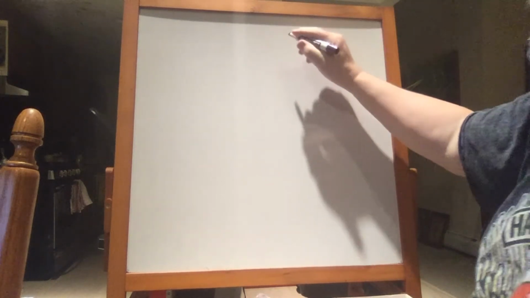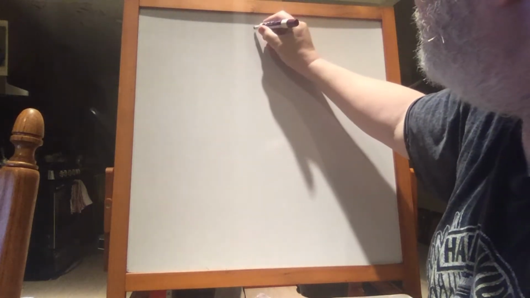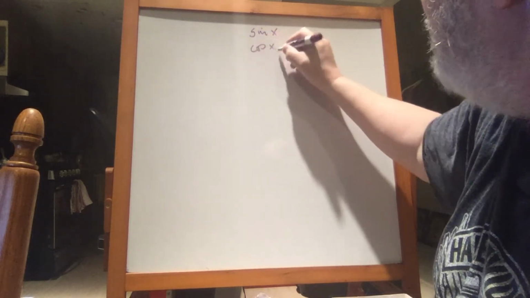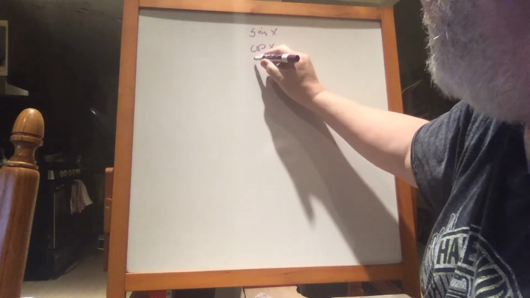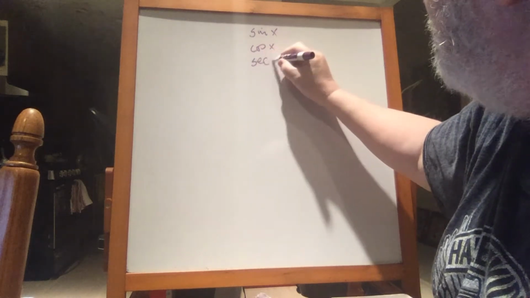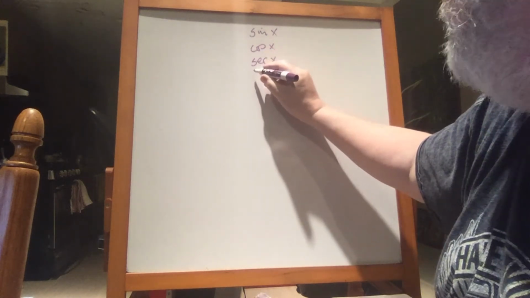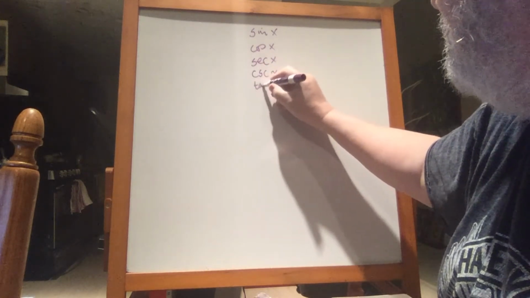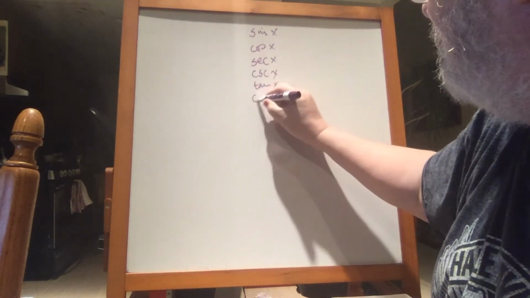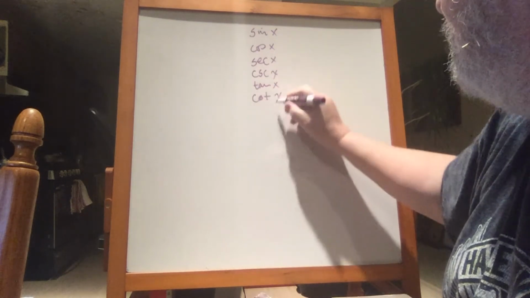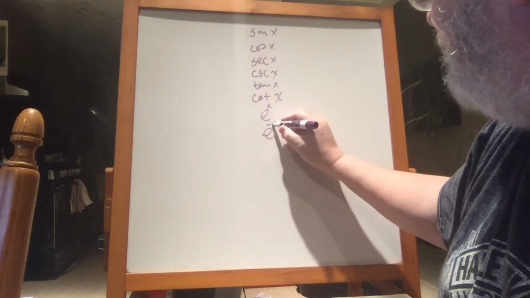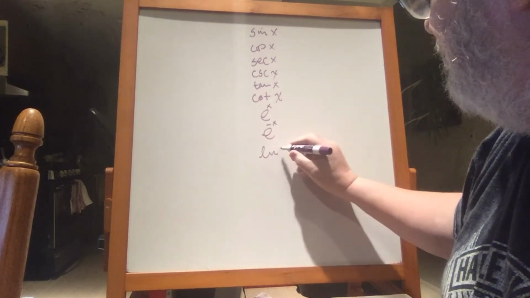So we've done sine of x, we've done cosine of x, we've done secant of x, we did cosecant of x, we've done tangent of x, the cotangent of x, we've done e to the x, e to the minus x, and ln x.